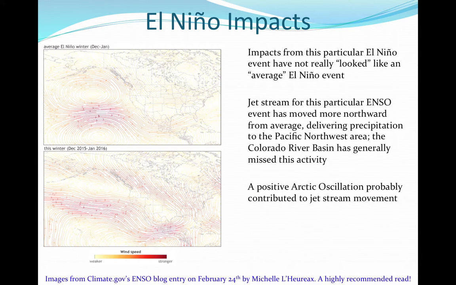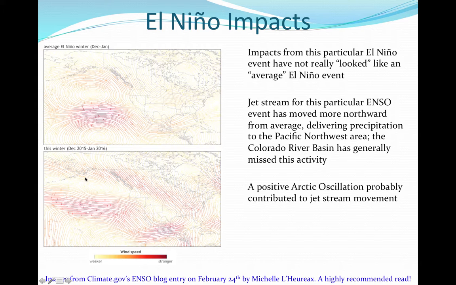Again, looking at why this strong El Nino event hasn't really played out like we would have expected, and how unique it is: you can see the average jet stream represented during an El Nino winter, a little bit south, right at the border of the United States and Mexico.